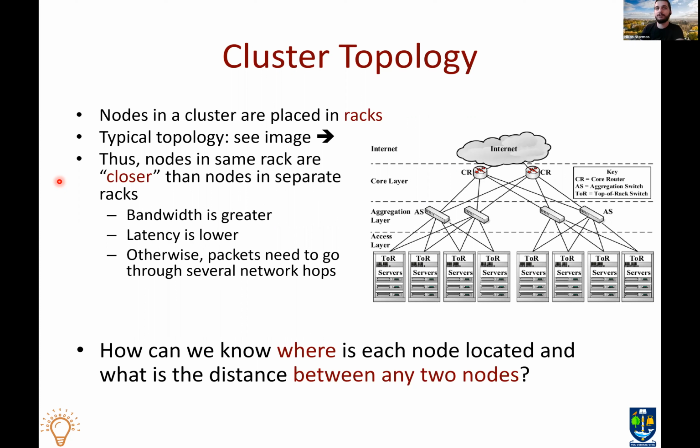So how can you know where each node is located? Several options. Some people would use special names for their nodes, such as rack name dash server name or something like that. That can become problematic if you move things around. If you take a server from one rack and move it to another rack, you will have to change the server's name.